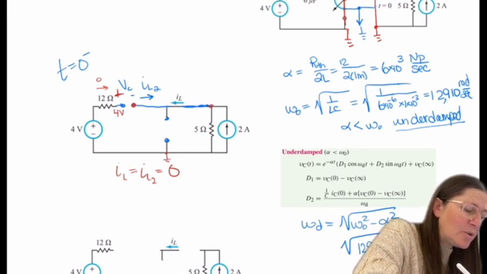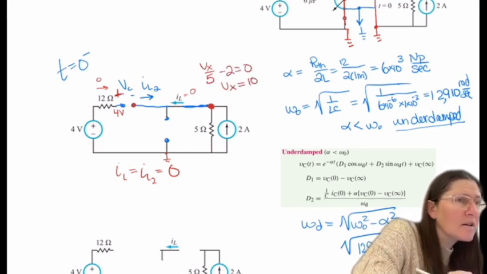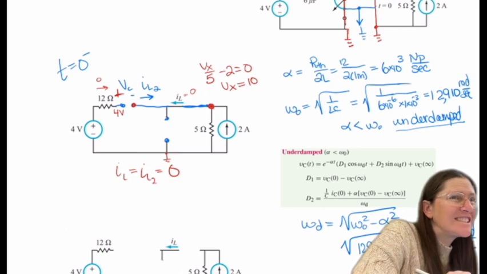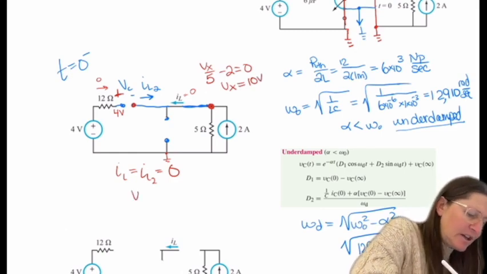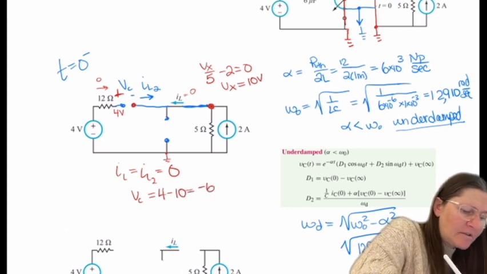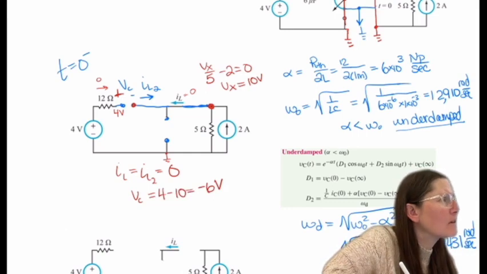Okay, so if there's no current going through these, then it's going to be the voltage here, which we can do with Vx over 5 minus 2 equals 0, and Vx will equal 10. Did you see that, Brian? Okay. So VC then is 4 minus 10, or minus 6 volts. Okay.